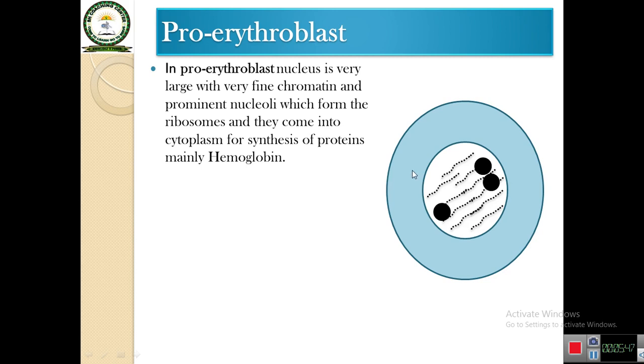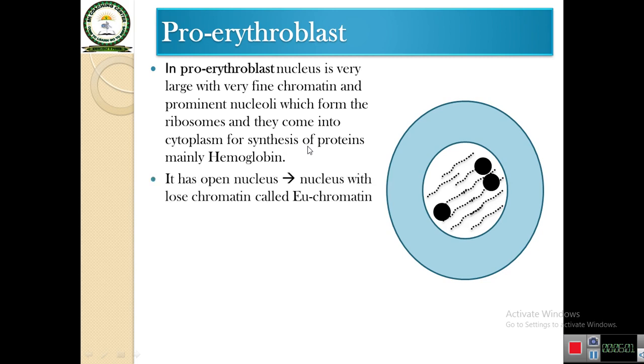It means these nucleoli produce the ribosomes, and the ribosomes come into the cytoplasm for the synthesis of proteins, mainly hemoglobin. It has an open nucleus. Open nucleus means a nucleus with loose chromatin called euchromatin. These loose chromatin are separate from each other, so we call it euchromatin also.